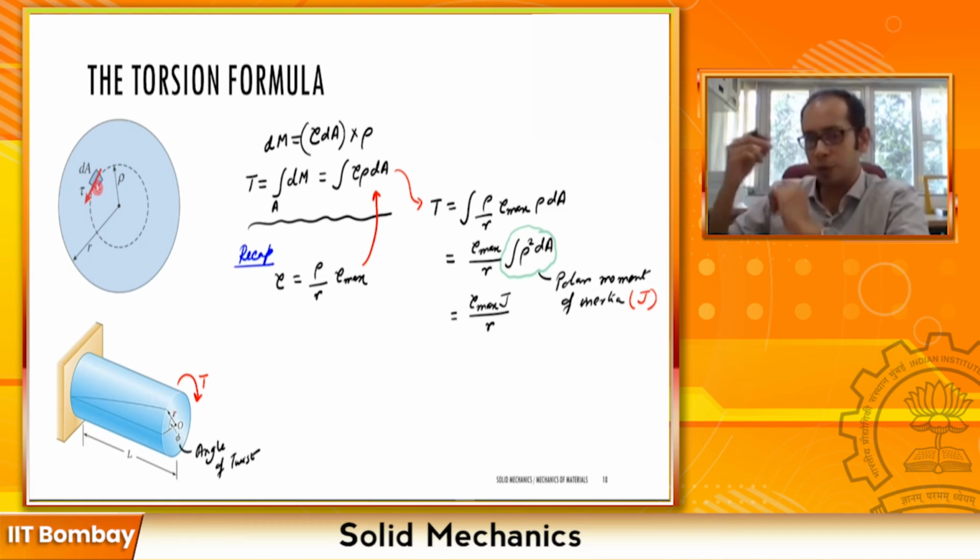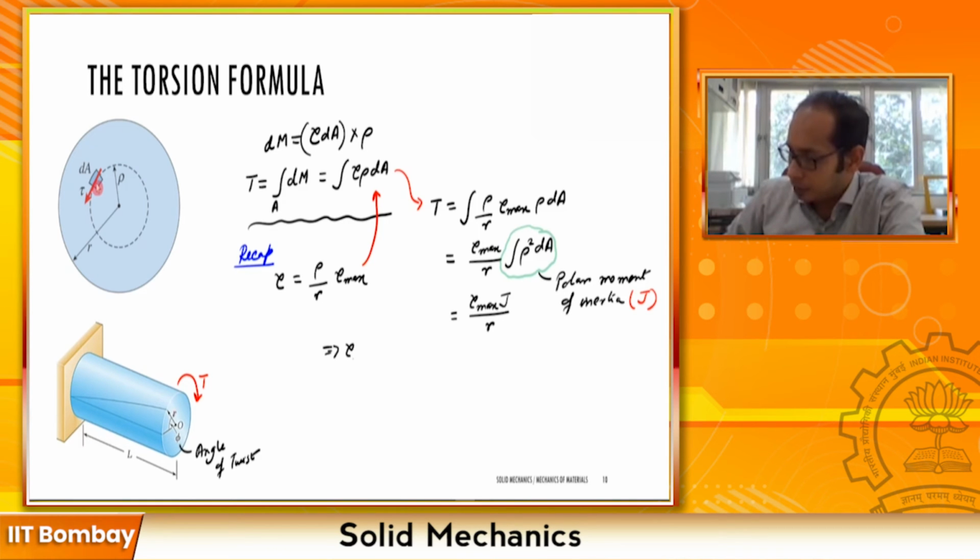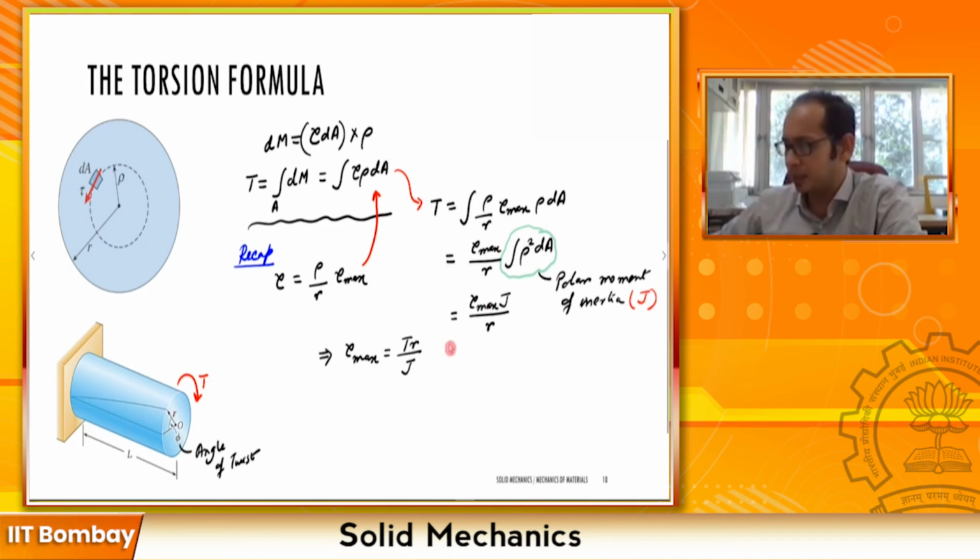So if I rearrange this expression, what I get is tau max equals T R by J, right? As you can understand, this is the maximum shear stress. So the maximum is related to the applied torque T through the outer radius R and divided by the polar moment of inertia.